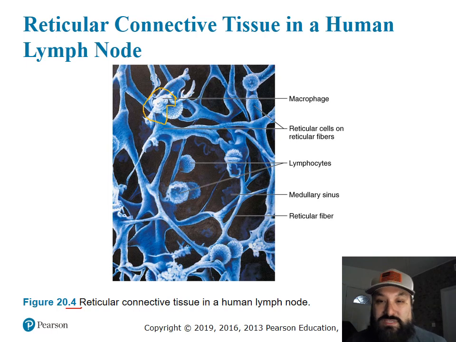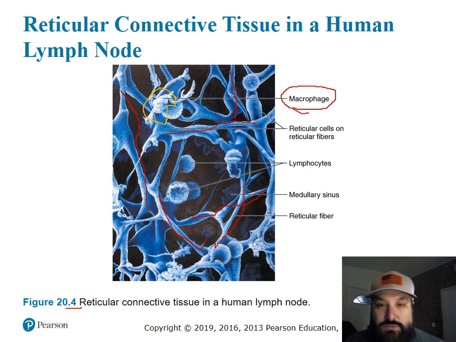You see a bunch of reticular fibers, these long blue lines strung around everywhere that are part of a lymph node, and physically hanging on the reticular fibers are the macrophages.